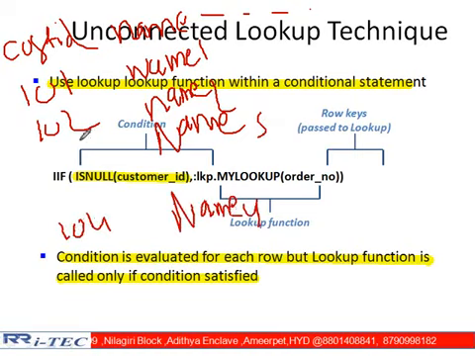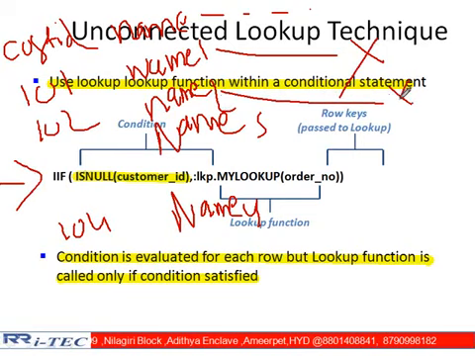Now what will happen if I give this data as input? First record, 101: it is not null, so is the lookup called? It is not called. 102: is it null? No, so this also does not call it.